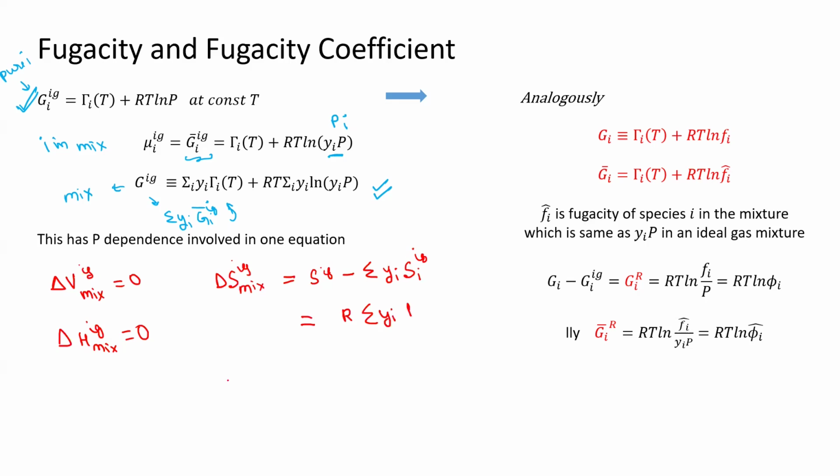And the next one is delta G mixture in IG equals RT sigma y_i ln y_i. Okay, so please make note of this.